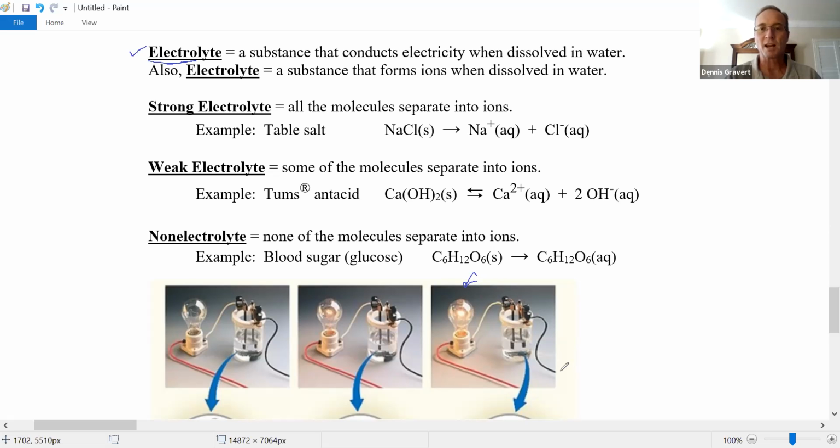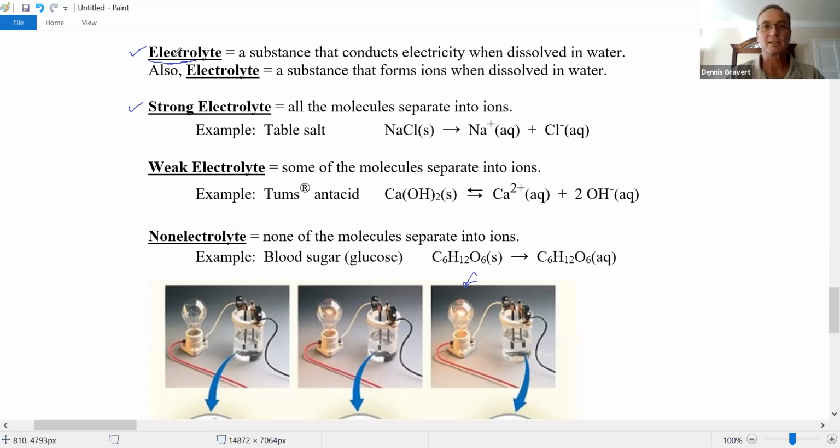And what's happening is we got one wire going into an electrode into an aqueous solution, that's water. And there are some salts dissolved in here that allow the electricity to flow through the liquid. It conducts electricity very well because you can see how bright that light bulb is getting. So that's a good test for strong electrolytes, molecules that tend to separate into ions.